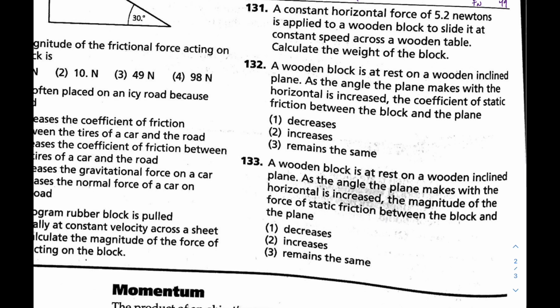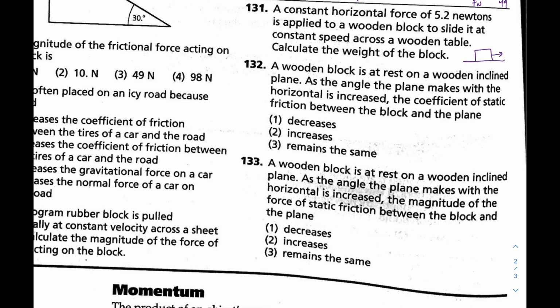Now we're on a new set of questions here. We're on 131, and our last three. A constant horizontal force of 5.2 newtons is applied to a wooden block to slide at a constant speed across a wooden floor. Calculate the weight of the block. Okay, so again, it's that same concept.